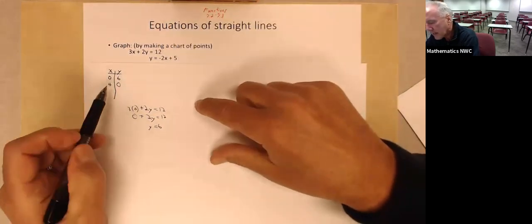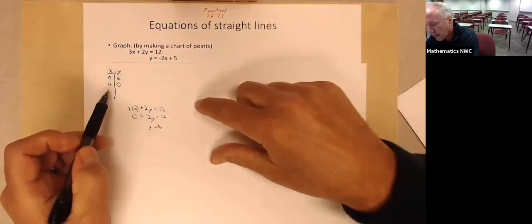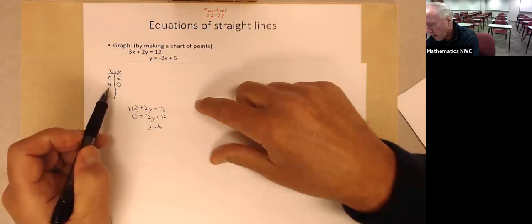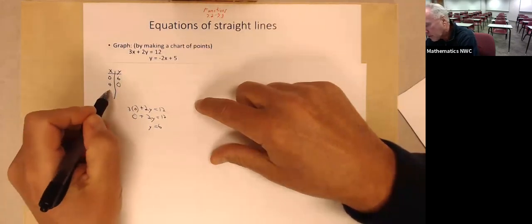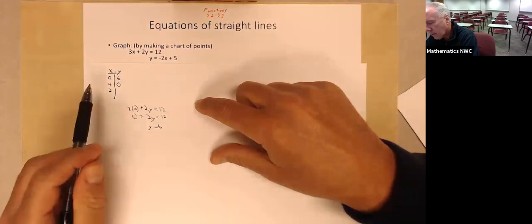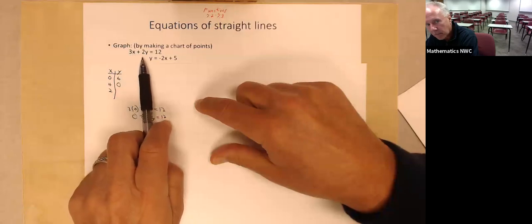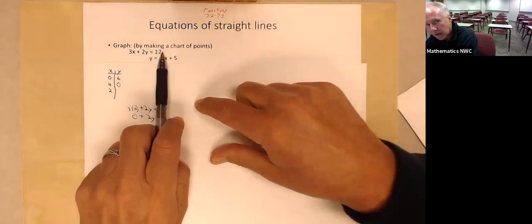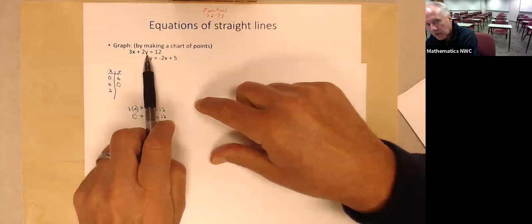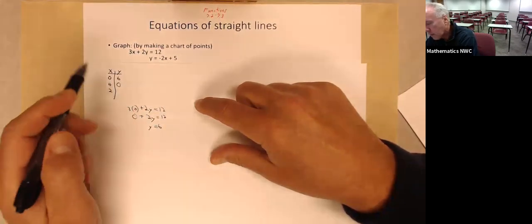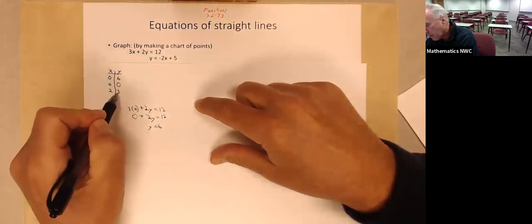Another point I could choose for X, some make it easier than others, but if I were to let X be 2, that will make it easier because 3 times 2 here would be 6, and I bring the 6 over, it would be a negative. So I would be left with 2y equal to 6, and y would have to be 3.